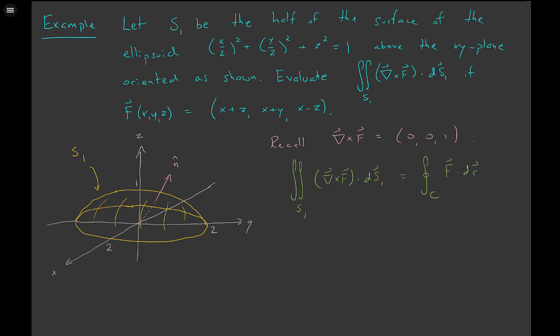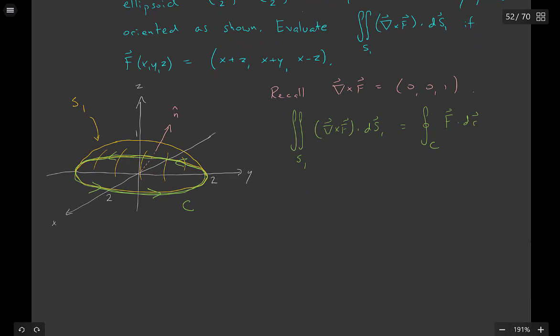So the boundary to S1 is this circle of radius 2 in the xy plane. And it's oriented this way. So let's call that C. And so we'll determine the value of this surface flux integral by instead evaluating this line integral around C.